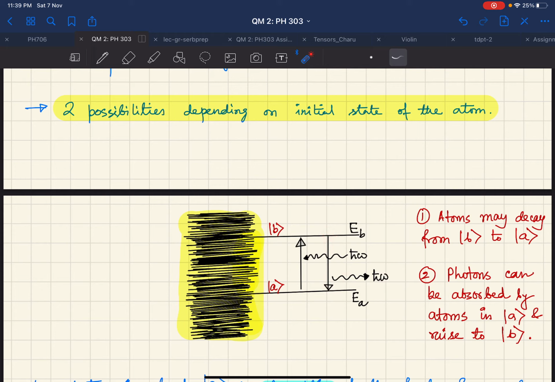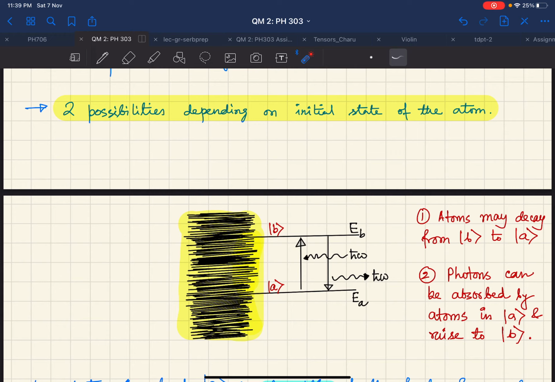So you start with a system where the atom is in a higher level, but then you interact with some photon. As a result, the higher level atom comes down to the lower level, which we denote by ket A, and another photon is being released, which is shown here.